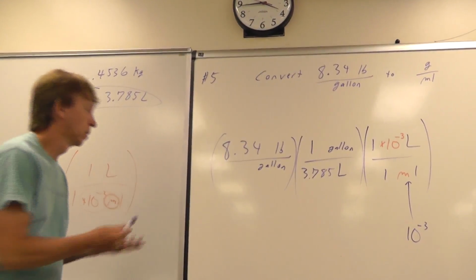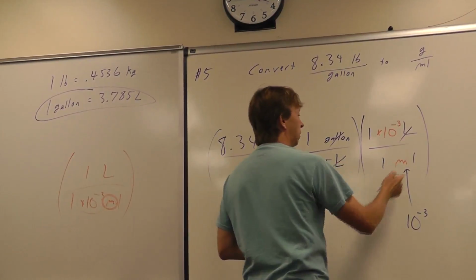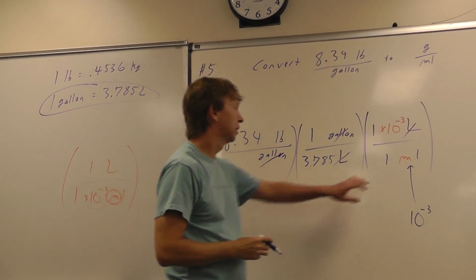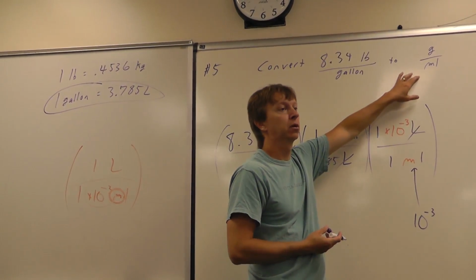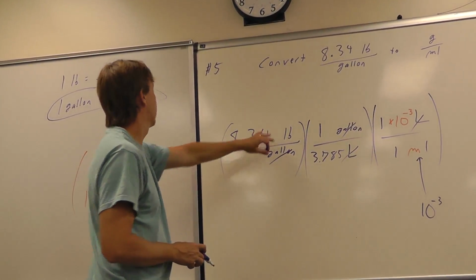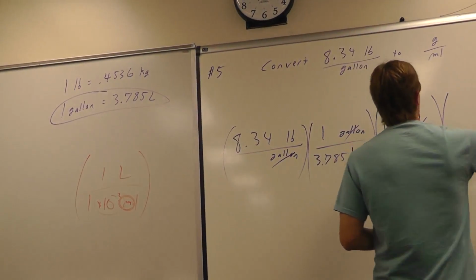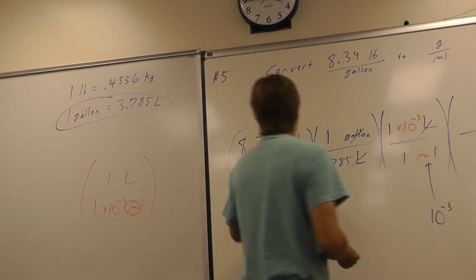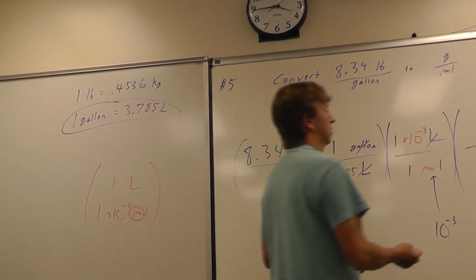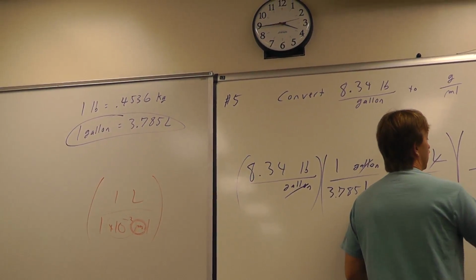Now at this point, gallons will cancel and liters will cancel, and my denominator unit is milliliters, exactly like I want it to be, correct? So denominator-wise, I'm done. I need to go back and work on the numerator. I need to get pounds to grams. Pounds is a numerator unit, which requires me to make pounds a denominator unit.